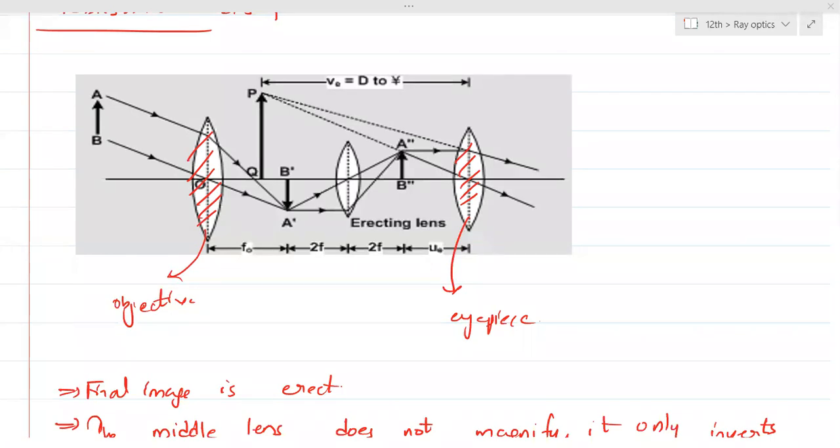Even in the case of a microscope, we can use a rectifying lens, not an issue.